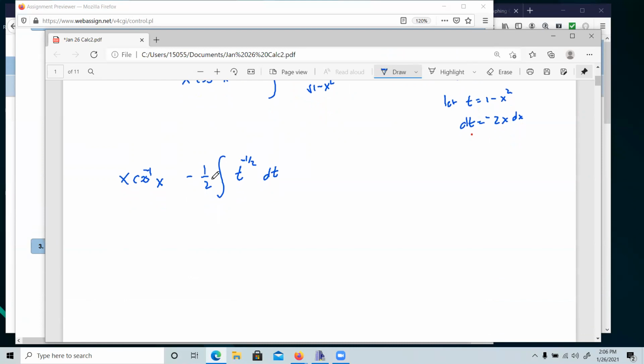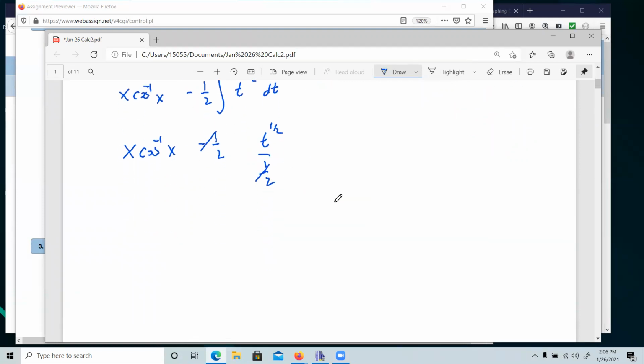So we go ahead and add 1. We have x cosine inverse x, and we have a -1/2 here, and then t to the -1/2 plus 1, which is t to the 1/2, divided by 1/2. Do the 1/2s cancel?